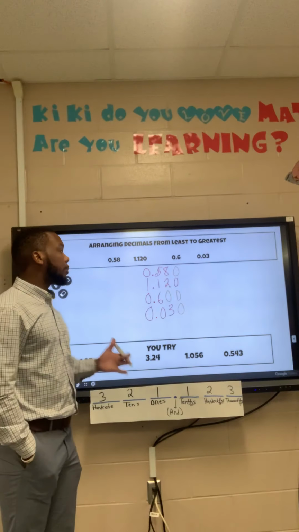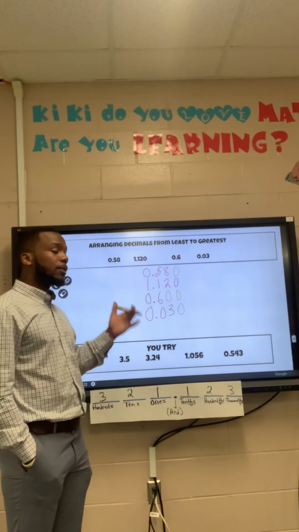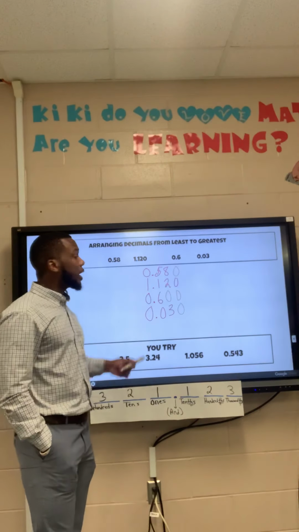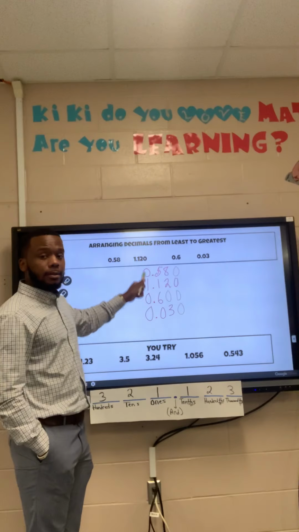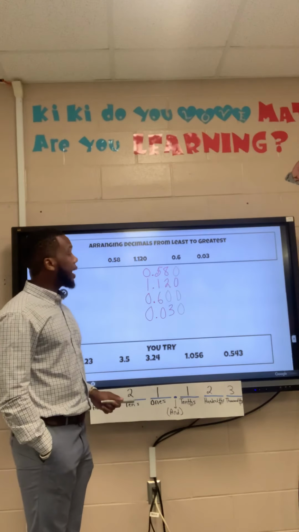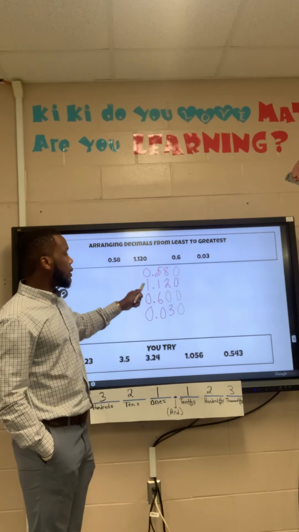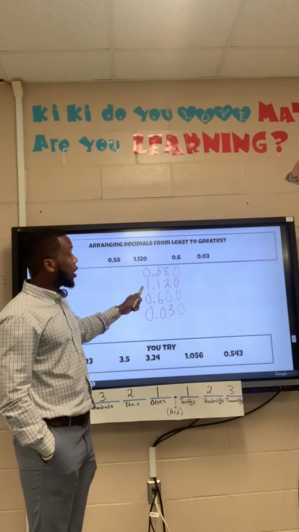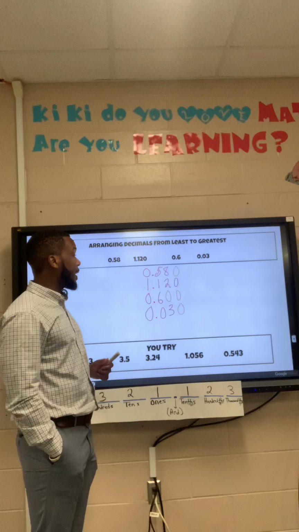So now we're going to compare the numbers from least to greatest, from the smallest amount to the biggest amount. I always start in the ones place. That's the first digit that we have. And I already see 1 is the biggest number that I have on here, so it can't go first. So I'm going to leave that alone.